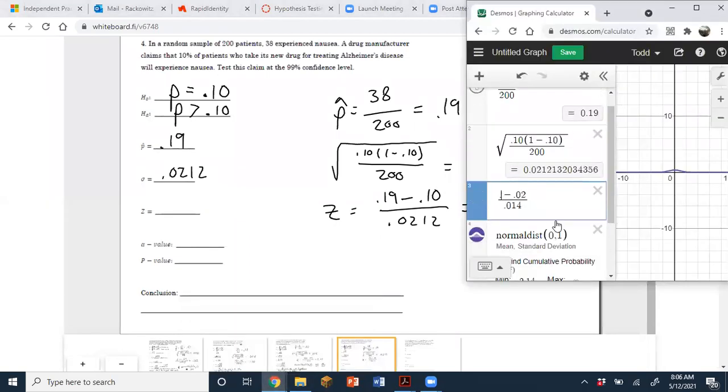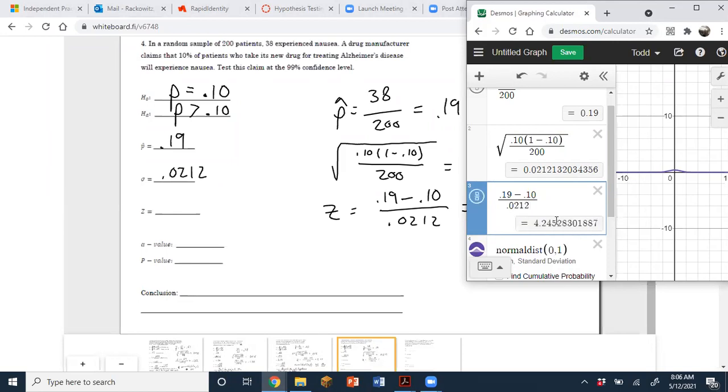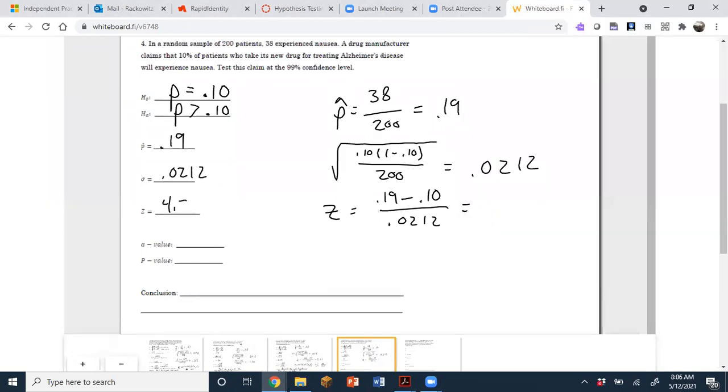So 0.19 minus 0.10, over 0.0212, is 4.25.